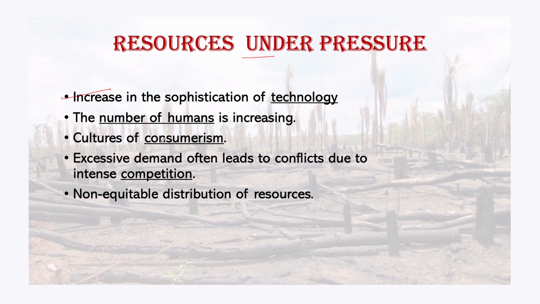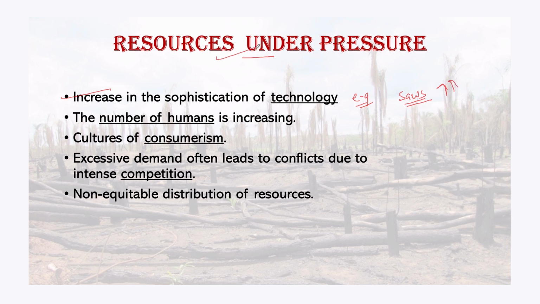Increase in the sophistication of technology enables natural resources to be extracted quickly and efficiently. For example, in the past, it could take long hours just to cut down one tree using only saws. People used to use saws. Due to increased technology, rates of deforestation have greatly increased.